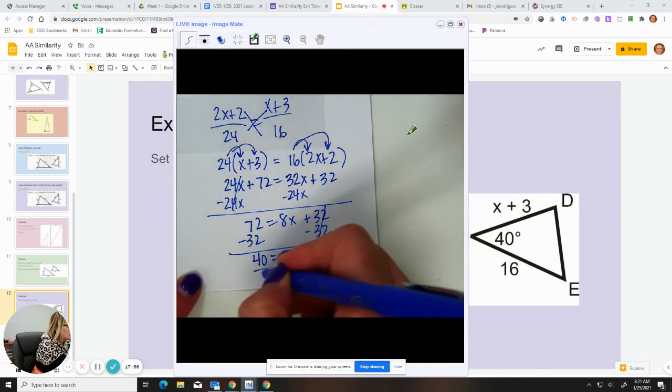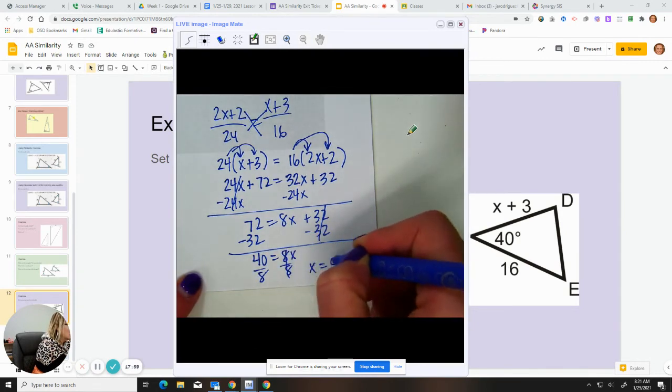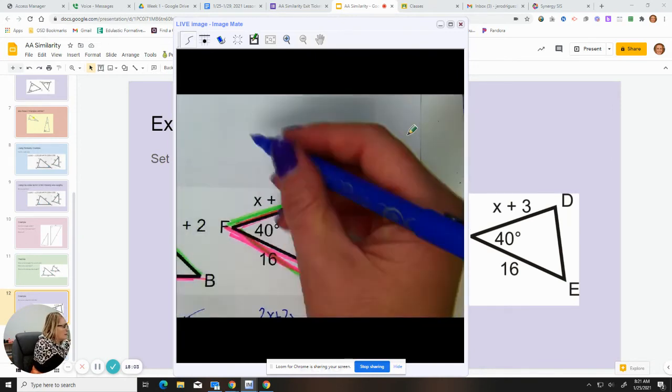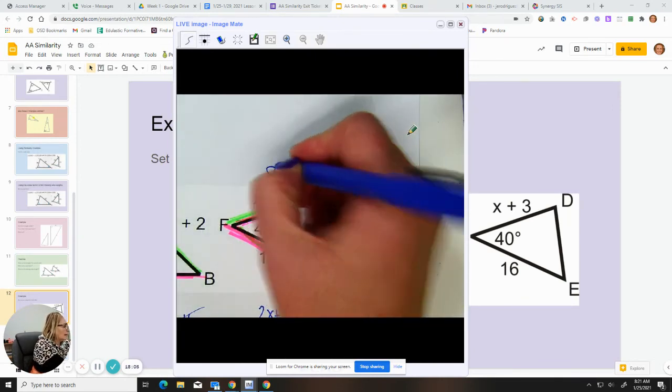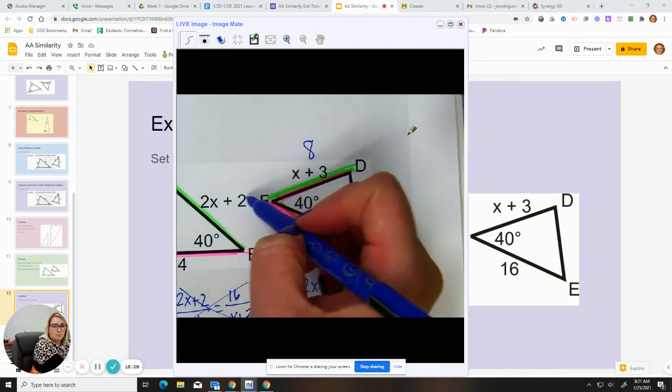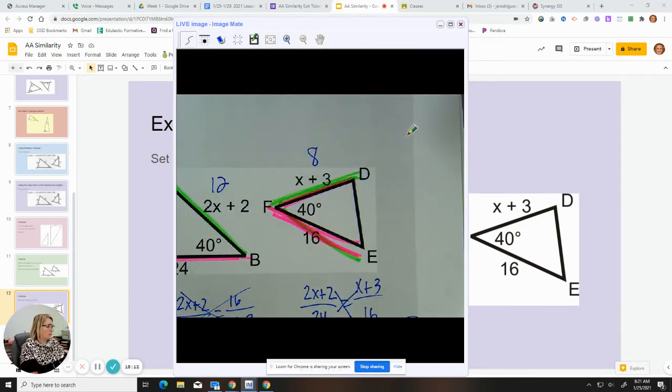Divide by 8, and I find that x is equal to 5, which tells me that 5 plus 3 is 8, and 2 times 5 is 10, plus 2 is 12 for that side, okay?